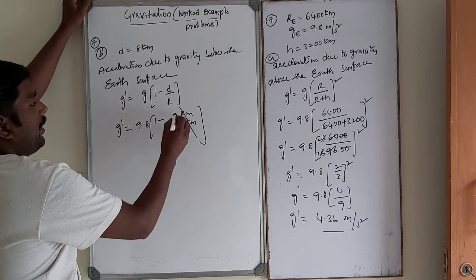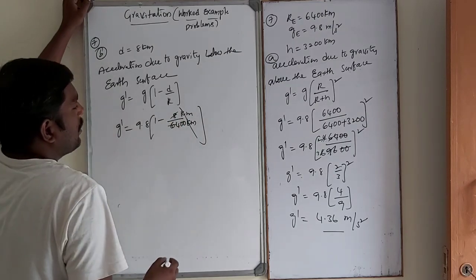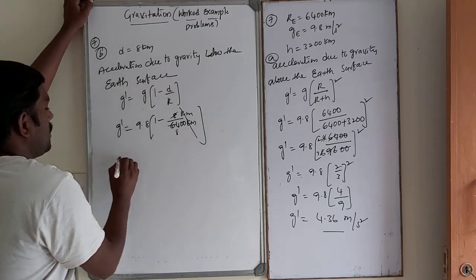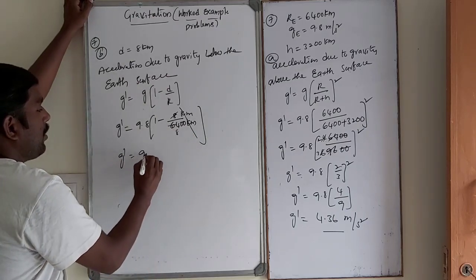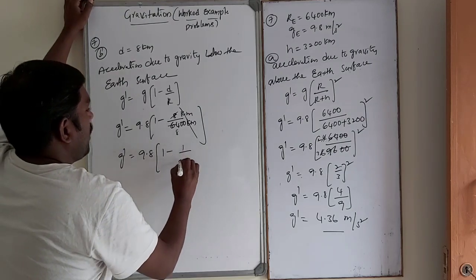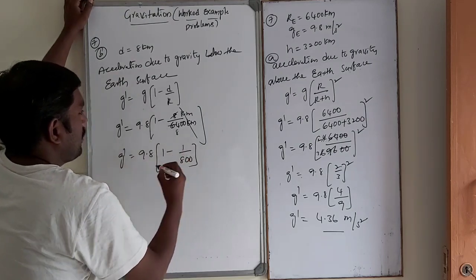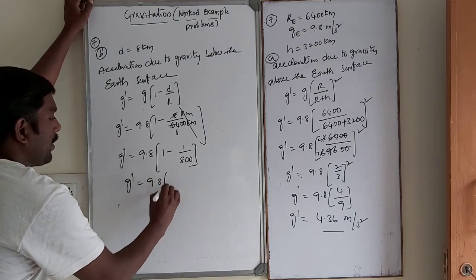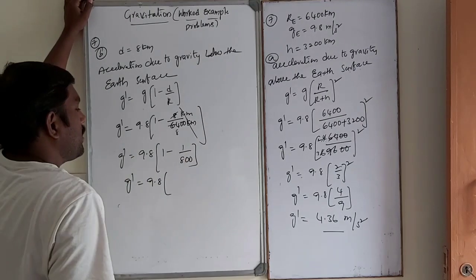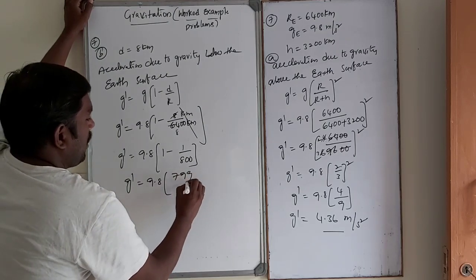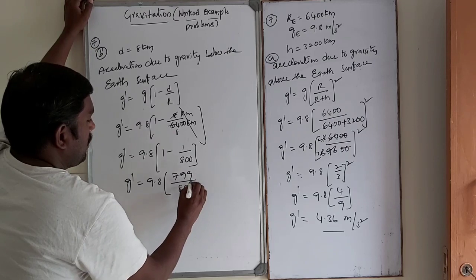So g dash is equal to 9.8 times the bracket of 1 minus 1 by 800. So g dash is equal to 9.8 times the bracket of 800 minus 1, that is 799 divided by 800.